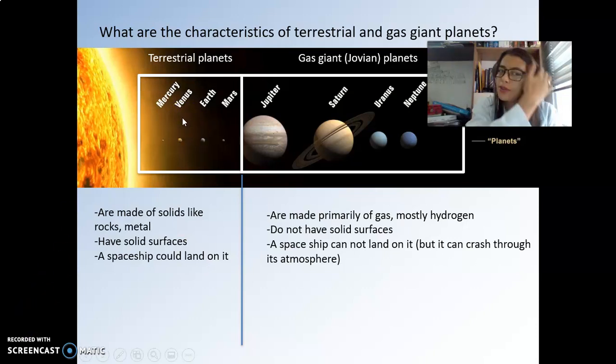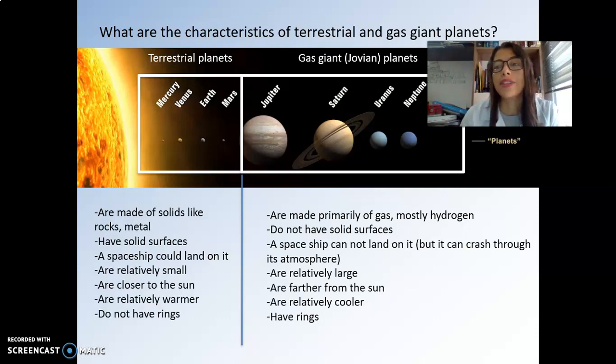Mercury, Venus, Earth, and Mars are made of solid rocks and metals, and have solid surfaces. A spaceship could land on them. They are relatively small in comparison with the gas giant planets, are pretty close to the sun, and most of them are warmer and don't have rings.